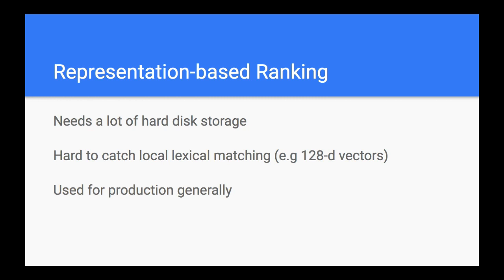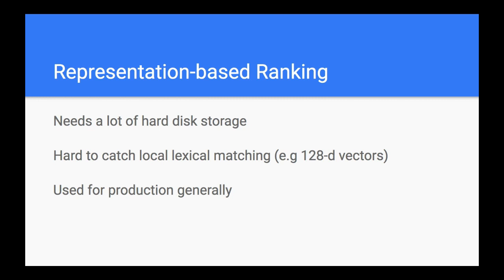And usually people use 128 dimensional vectors, which is quite a small dimension to represent a document. The problem is that a document can usually contain 10,000 or 100,000 words. Then how can you catch the local lexical matching? What I mean by this is, if people search for something, the query, they usually anticipate they can retrieve documents that really contain the words.